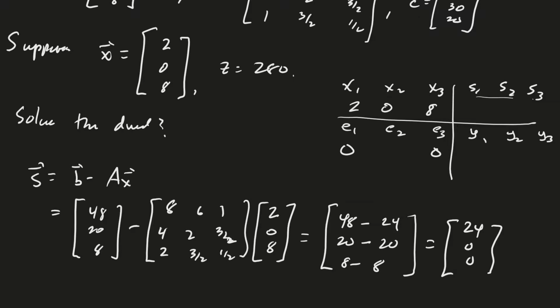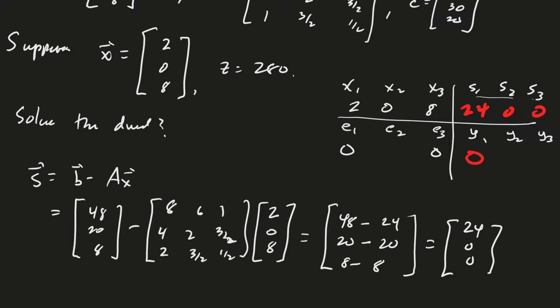Okay, so we're going to put those up into this array now. This is 24, 0, 0. Can you read that? Okay, so what does that tell us about our slack variables, or the solutions to the dual, I should say? The solution to the dual is going to be 0, something, something.